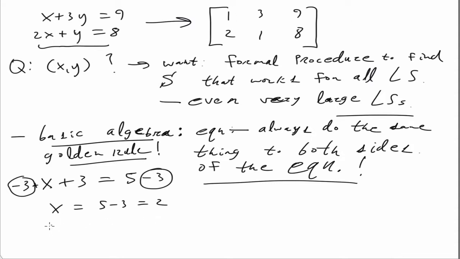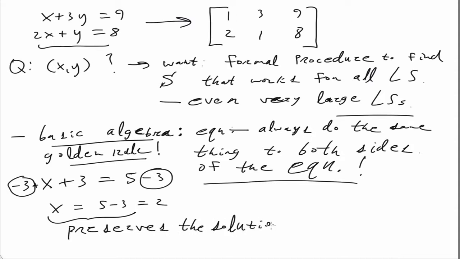And what this did was preserve the solution. So x equals 2 was the solution. It was always there, and by adding a negative 3 to both sides, I didn't change the solution. And this is why the golden rule is so important.